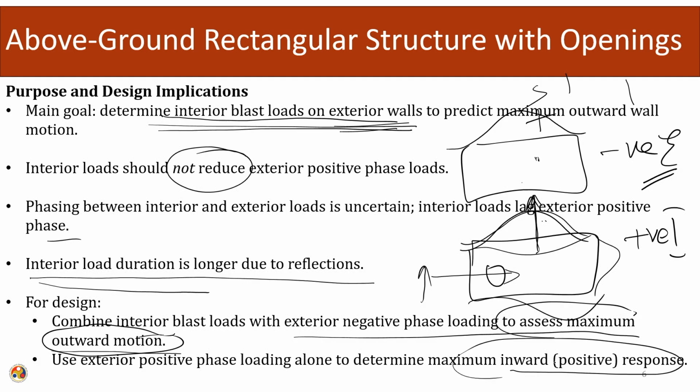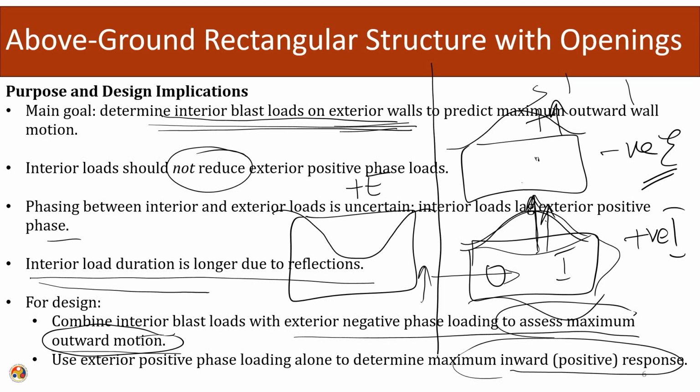So, one response is positive outward, due to the internal pressure, plus positive outward due to the negative external. The other case is that in order to assess the maximum inward, we take the positive external. These are the two worst cases that we take.